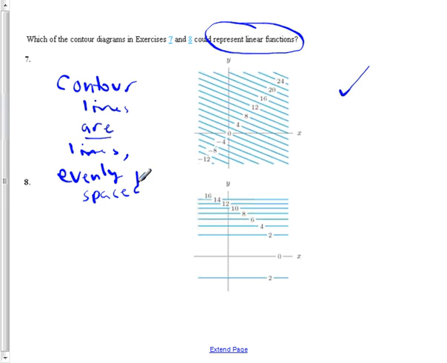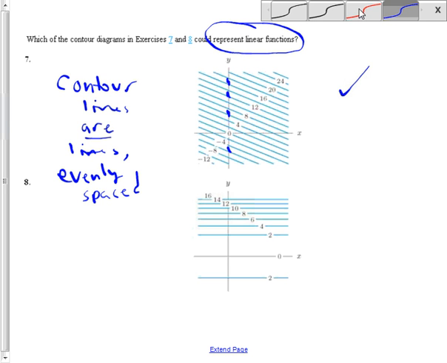They need to be evenly spaced so that the same change in y will get me the same change in z, the equal increase to a new contour line.